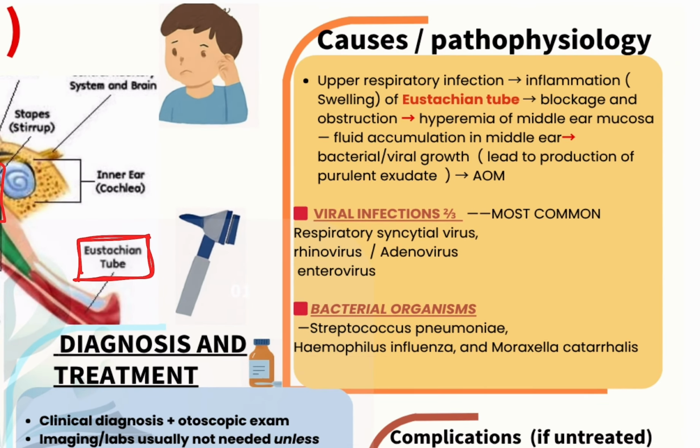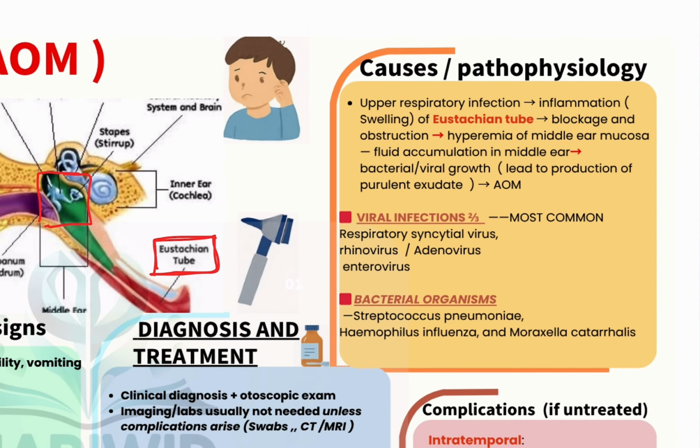Pathophysiology: as we mentioned, upper respiratory tract infection leads to inflammation and swelling of the eustachian tube, leading to blockage and obstruction. This eventually leads to hyperemia of the middle ear mucosa.